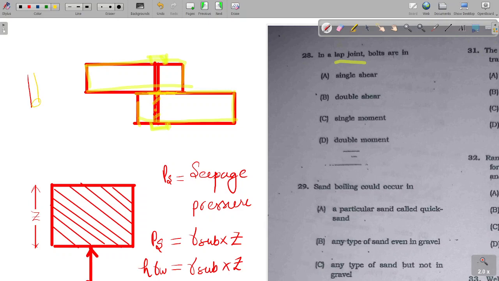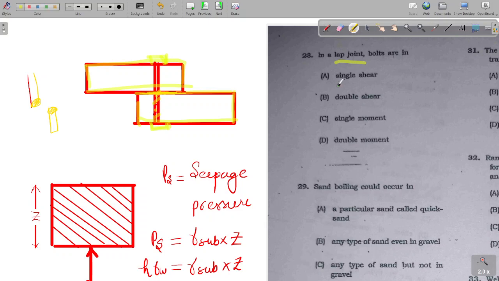So the bolt cuts from this plane, and this is what is called a shear plane, because there is a shearing or cutting action happening at this plane.